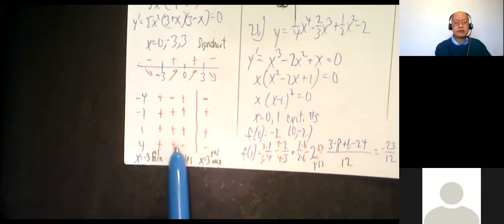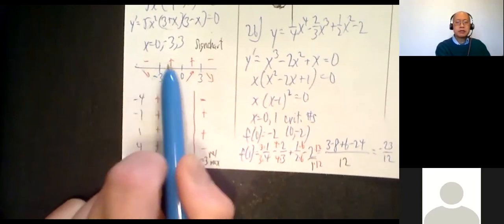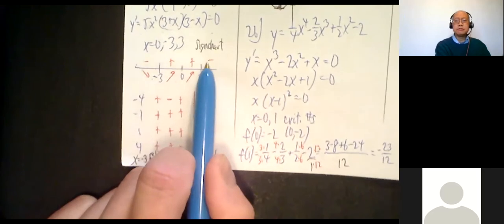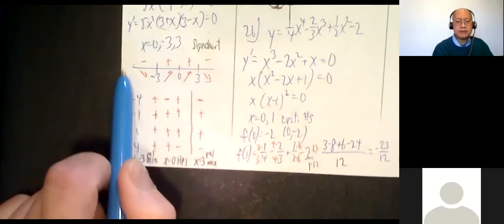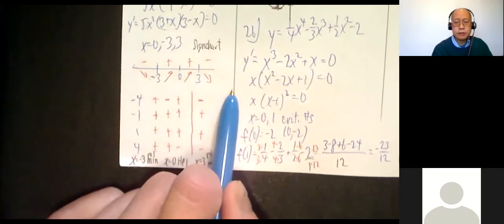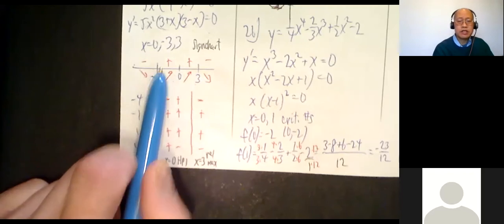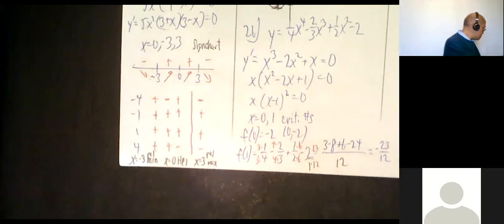Positive times negative, negative. Minus, plus, plus, minus. Okay, derivative is negative, function is decreasing. Derivative is positive, increasing, right?